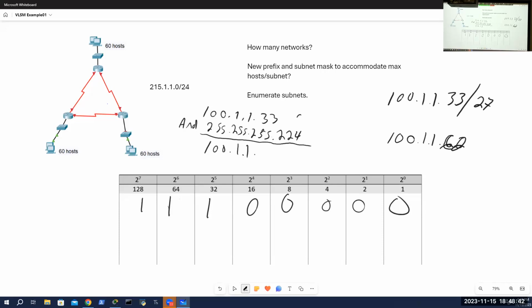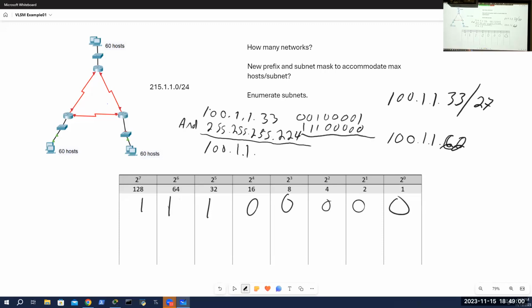Well, 33 looks like 0 0 1 0 0 0 0 1, and 224 looks like 1 1 1 0 0 0 0 0.